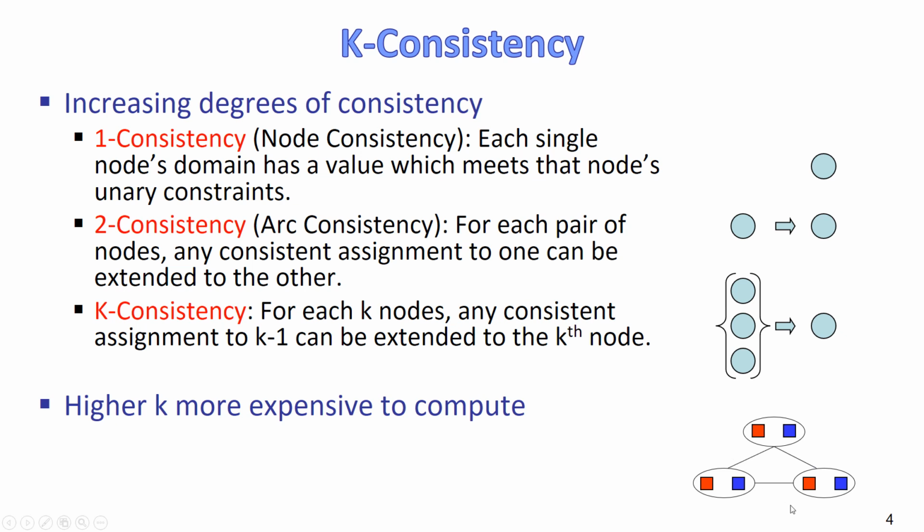So this graph is not 3 consistent. It's just 2 consistent and 1 consistent, but not 3 consistent. So if we check higher order consistency, we will detect more failures early that we might otherwise only detect later if we use lower order consistency.